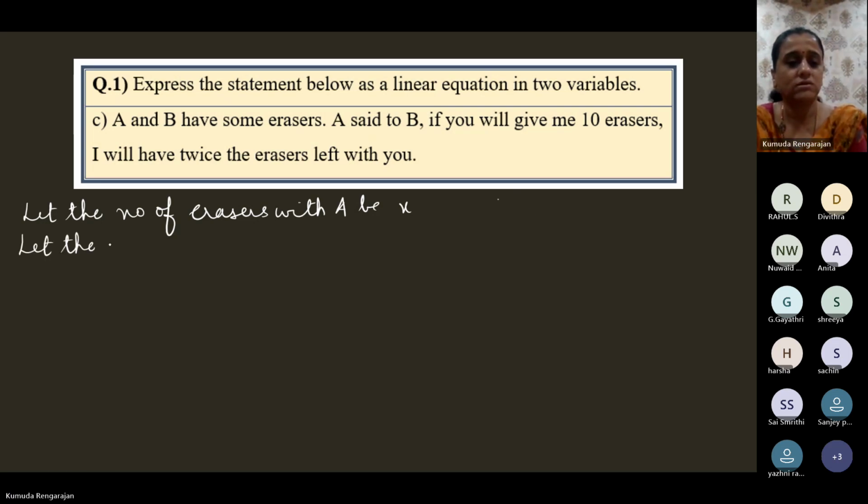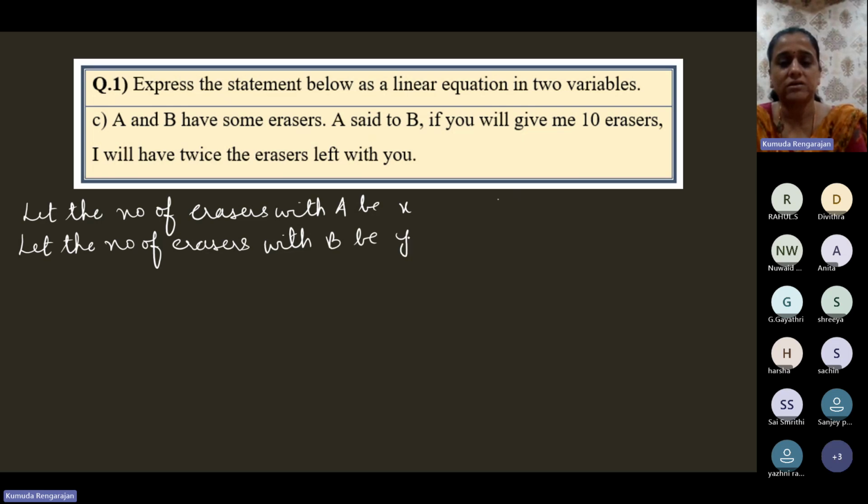Let the number of erasers with B be Y. Okay. So A and B have some erasers. A has X erasers and B has Y erasers.